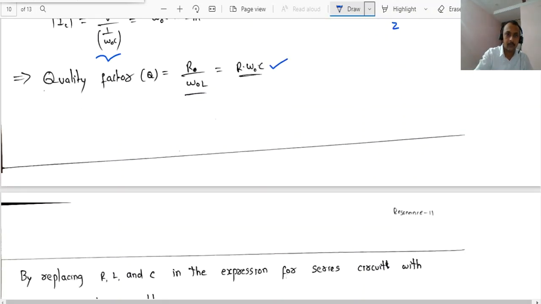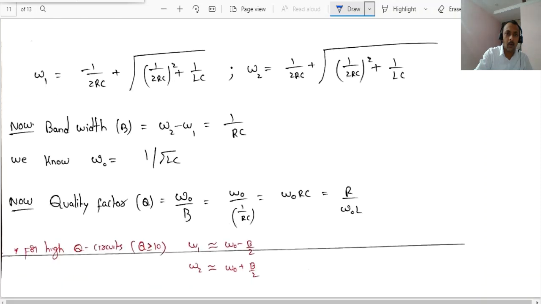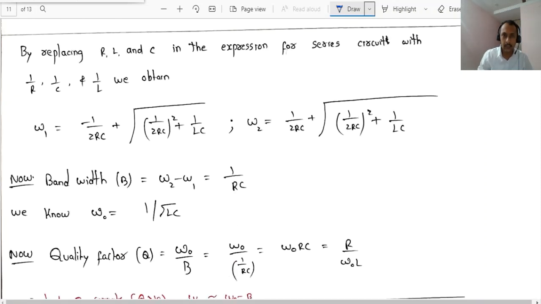Now, for the half power frequencies, in the series resonance derivation, simply replace R with 1 by R, L with 1 by C, and C with 1 by L, right? Then we will obtain the equation for omega 1 and omega 2.